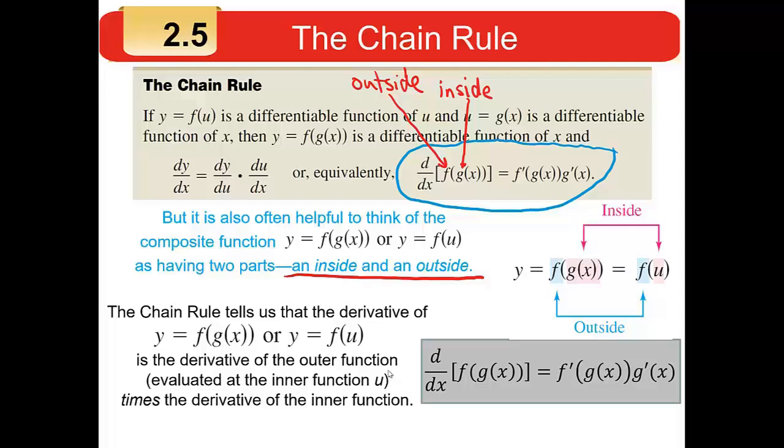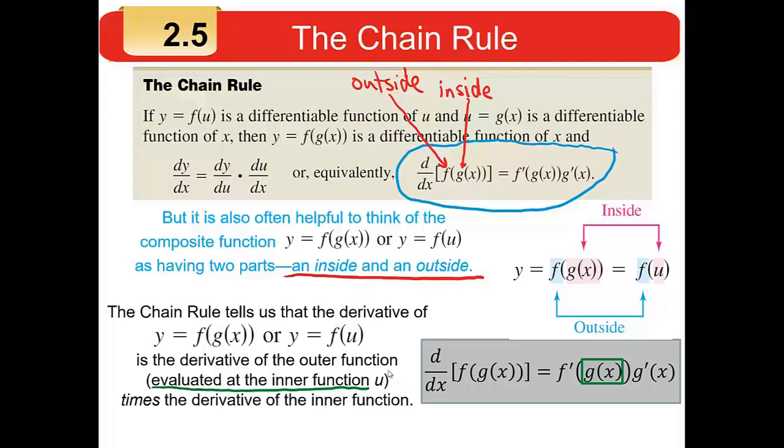Again, give me a chance. Let's say this again. It's the derivative of the outer function. So remember, the outer function is f. So the derivative of the outer function is f prime. But it's evaluated not at x, but at u, or at g of x. It's the inner function that's plugged into the derivative of the outer function.